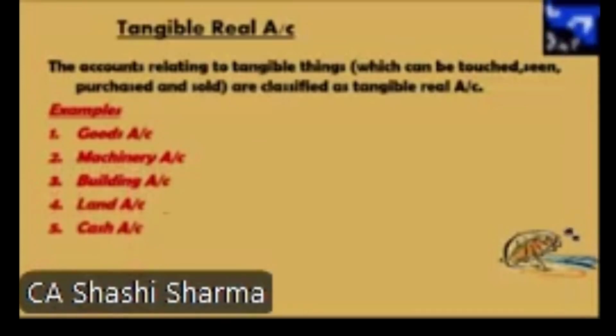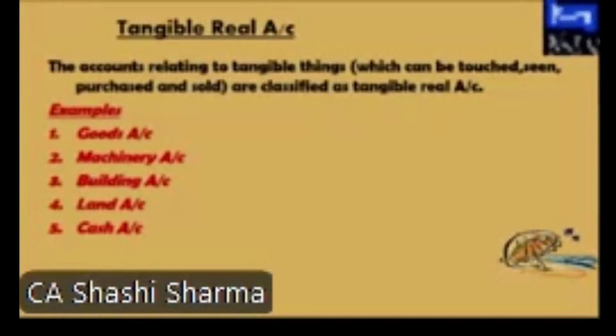Then cash account, the most important thing for any business, cash. Because without cash, no business can succeed. Cash is regularly either given to some persons, or received from some persons by the business.